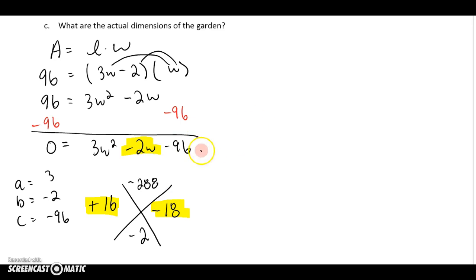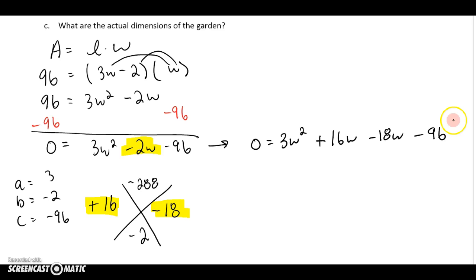So I'm going to rewrite this as 0 equals 3w squared plus 16 w's minus 18 w's minus 96. So remember, I took this middle term and split it up into these two.